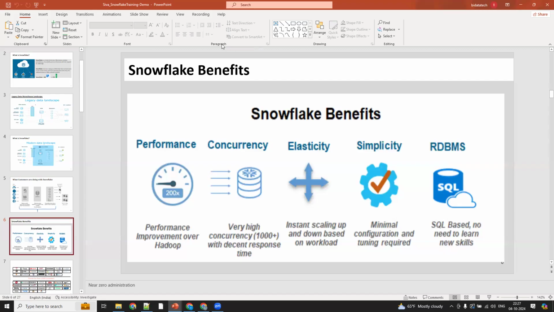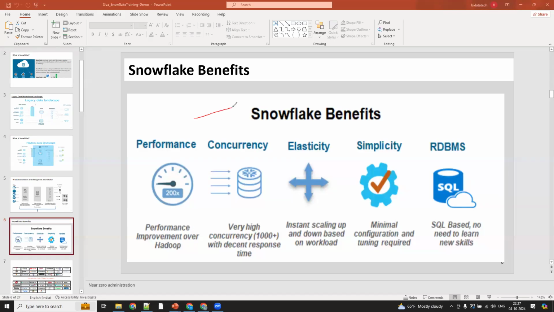Next one, concurrency. Now I'll tell you one example here. I don't know how many of you work with Oracle database. In a project, you have multiple users.